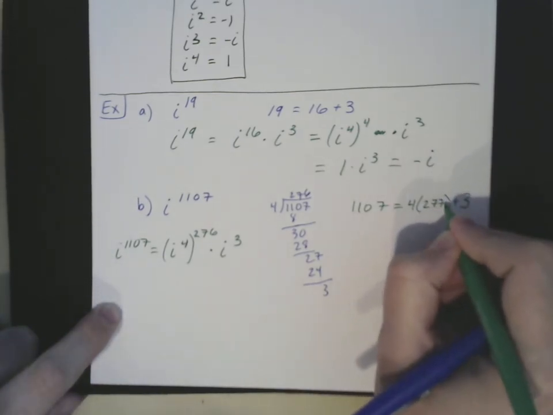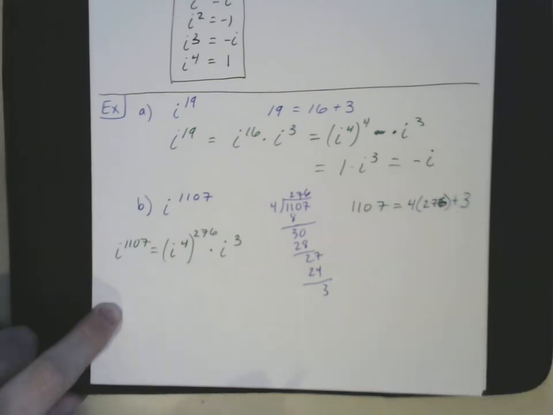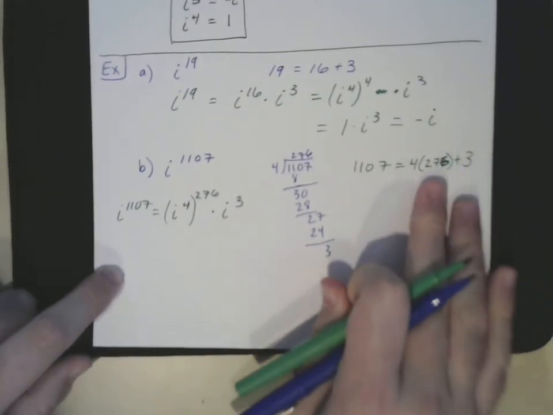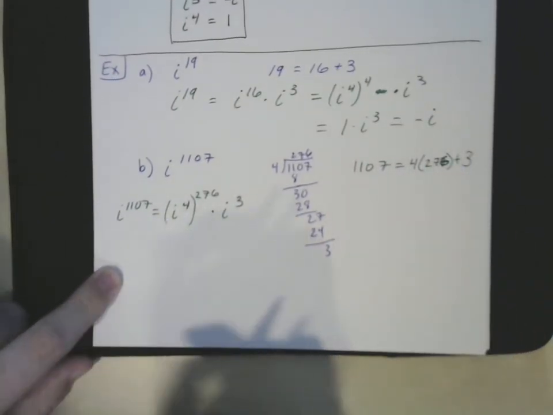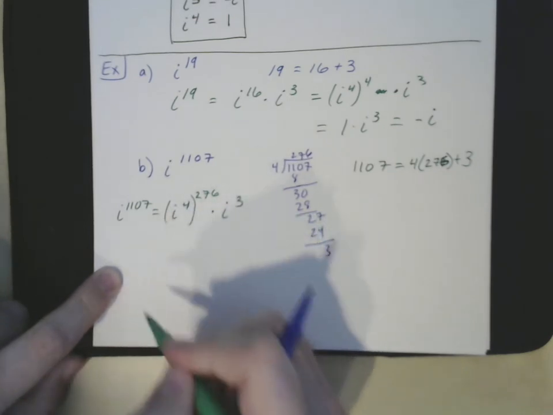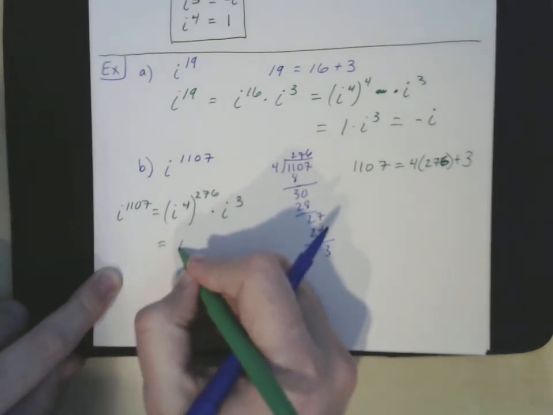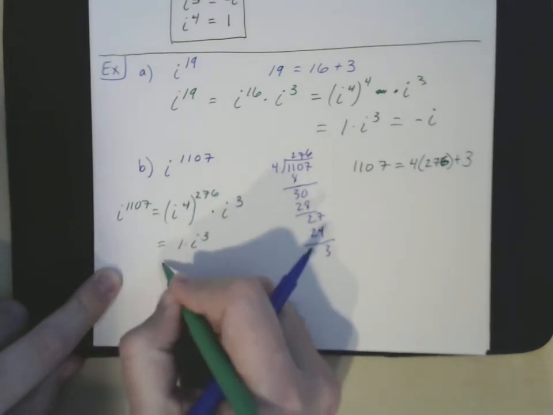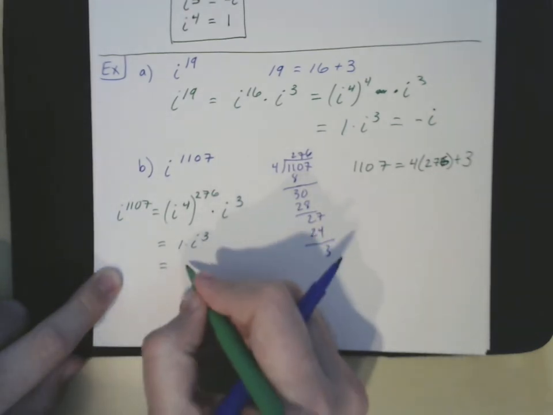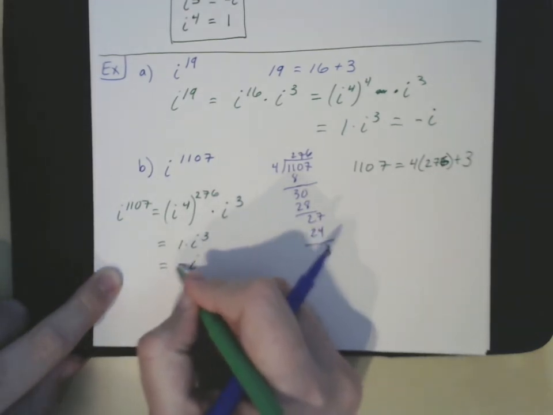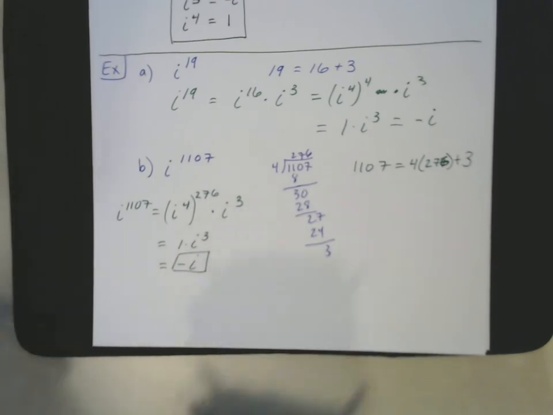I wrote 277, it's 276. So once we know this, we can construct this. i to the fourth is 1. 1 to anything is 1. So this is 1 times i cubed again. And that's going to give us -i. So you can do fast powers of i by just dividing by 4. And we typically want to look for 4 because i to the fourth is 1.